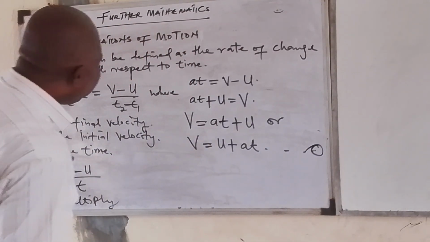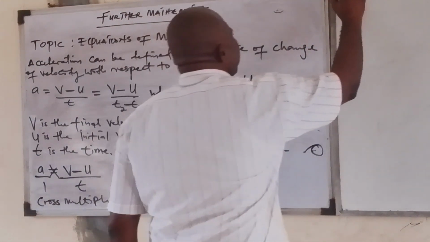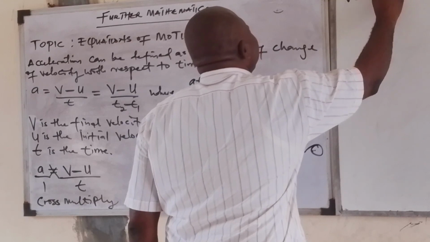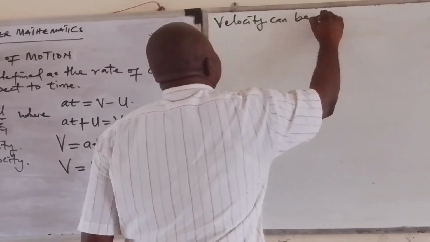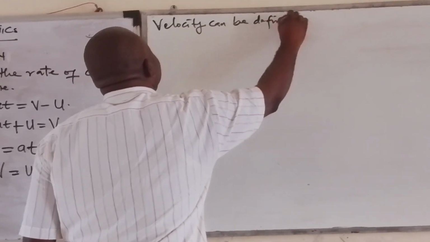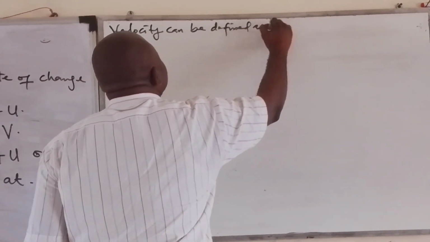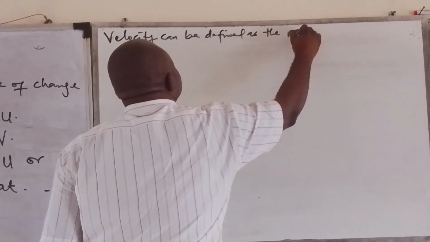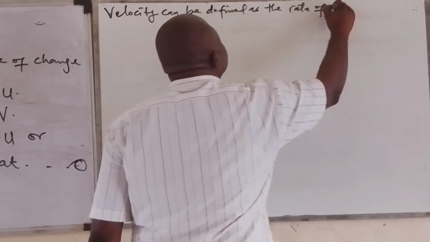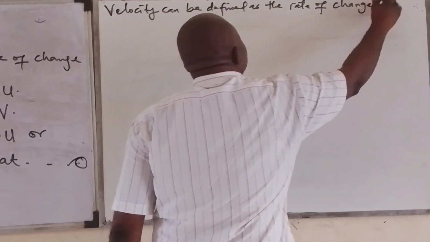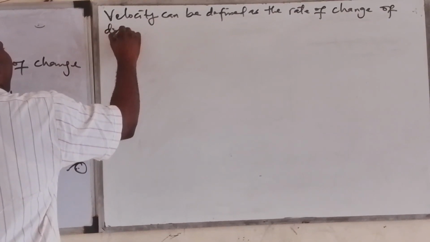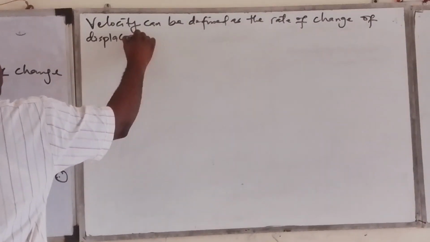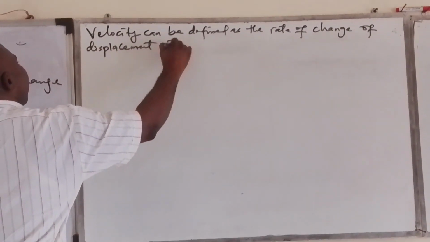Now before we move further, let's define velocity. Velocity can be defined as the rate of change of displacement with respect to time.